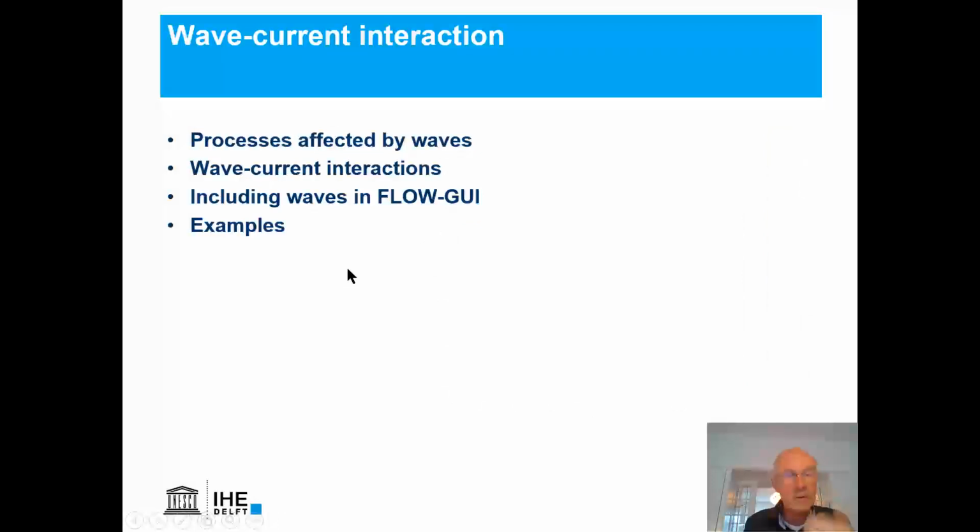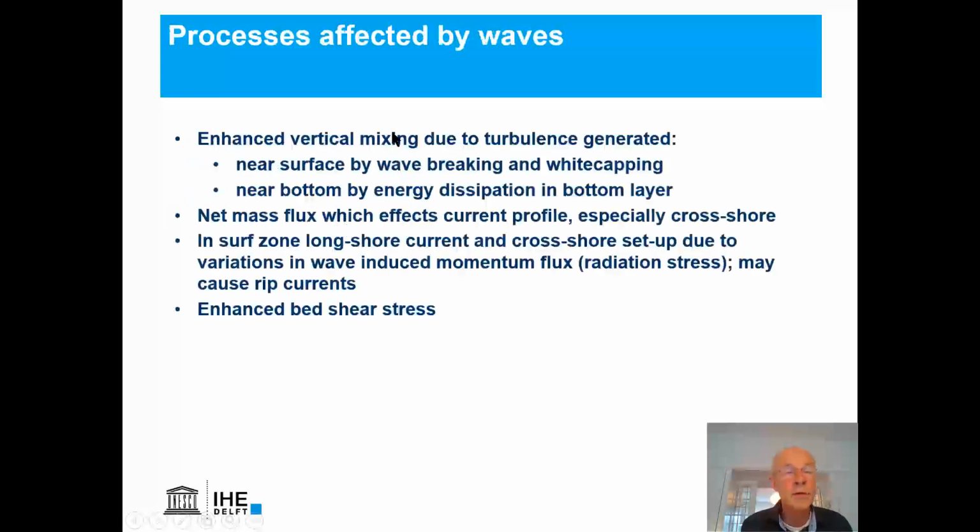A bit about wave current interactions, the processes affected by waves and the wave current interactions, how to include the waves in the flow GUI, and examples. So what happens if you have waves in your flow model? What happens is an enhanced vertical mixing due to turbulence generated near the surface and near the bottom.